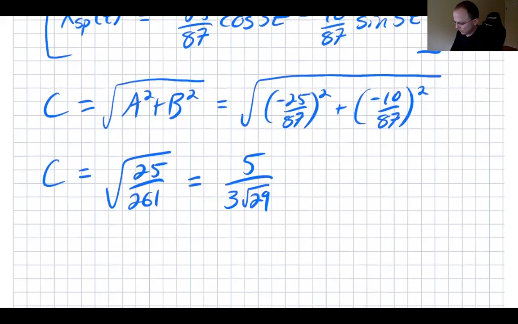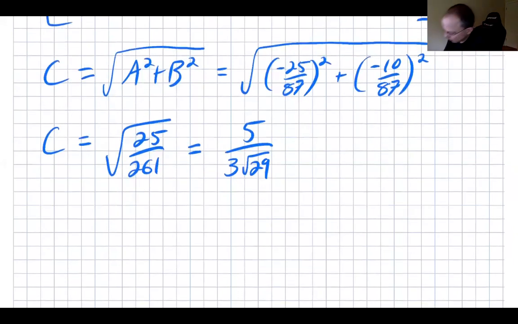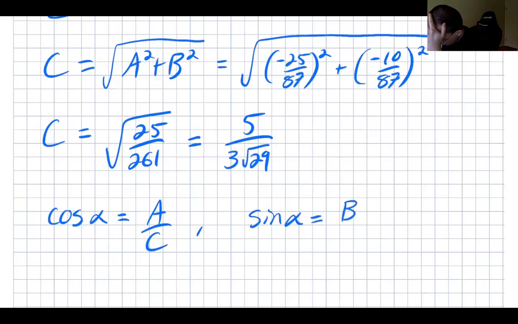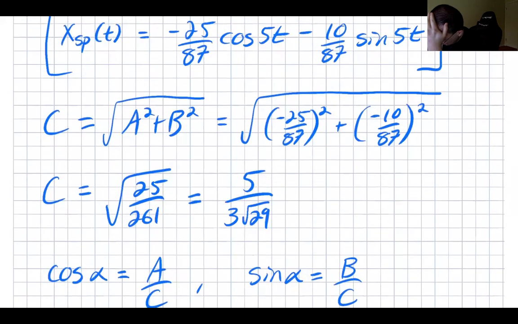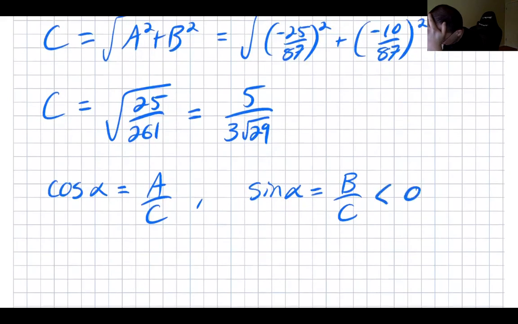So there's our C, and now we need to figure out what the alpha is, right? So recall that cosine alpha is equal to A over C, and sine alpha is equal to B over C. And we notice that since B is negative, this negative 10 over 87, the sine is going to be negative.